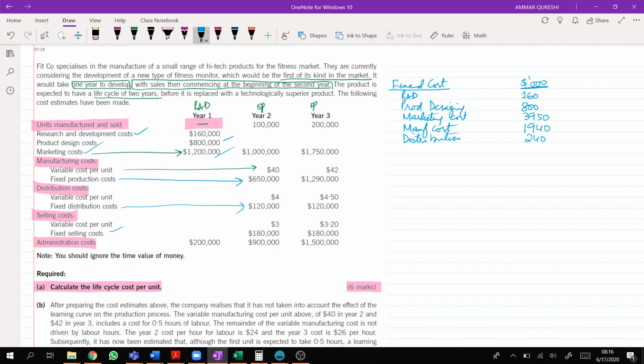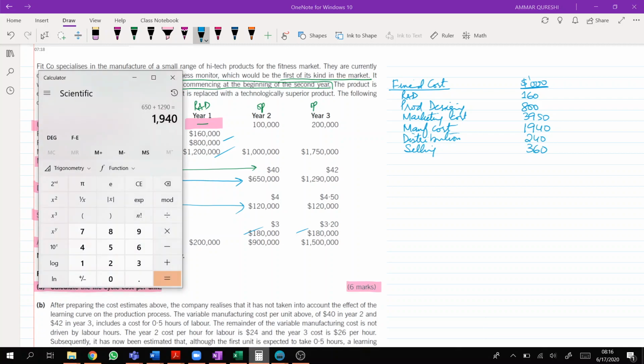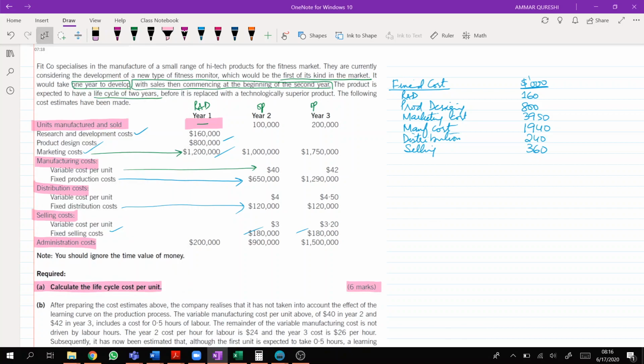Selling fixed cost is 180 and 180, so selling cost will be 360,000. And administration cost is 1,500 plus 1,100, which is 2,600. This is the administration cost.